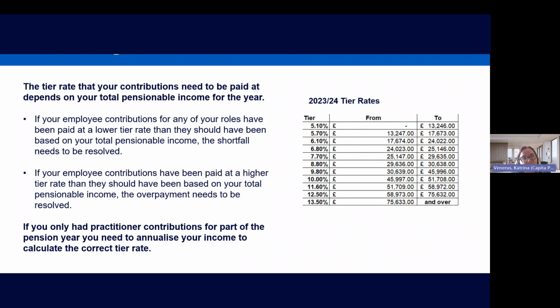But if you've only been a practitioner pension scheme member for part of the year, so perhaps you were a registrar for the first few months of the pension year, and then you became a salaried GP in September or something like that, the registrar contributions are treated as officer and they don't get included in the Type 2 form. But what you do need to do is use the NHS pensions annualisation calculator to determine what the annualised tier rate would be for you for that year.